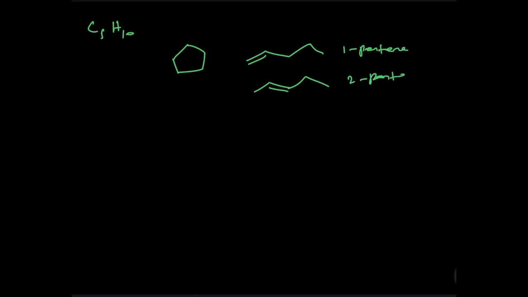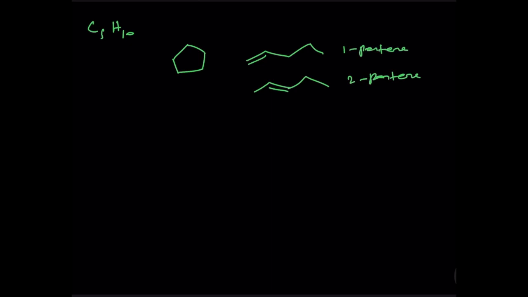Let us say we have C5H10. Here also we can have ring chain isomerism. If we are comparing cyclopentane with 1-pentene or 2-pentene, then you are talking about ring chain isomerism.